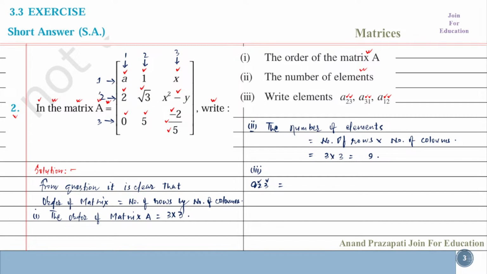So this one is A23, and we write x squared minus y. Similarly A31 means the third row and first column, so this is 0. And A12 means the first row and second column, this is the one.